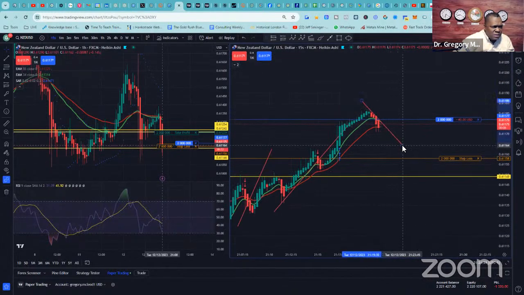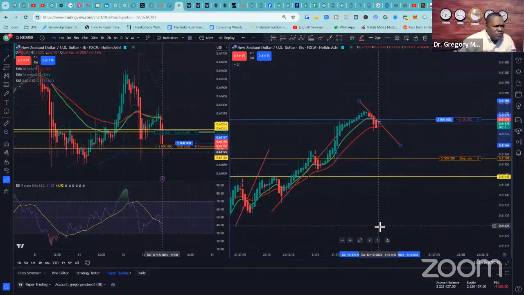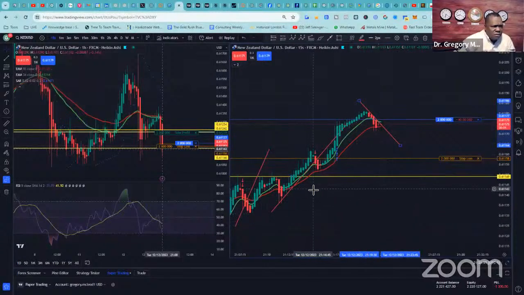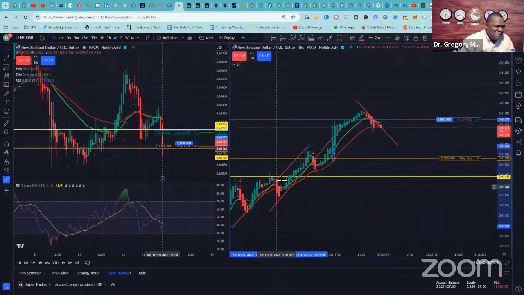All right, let's get back in the direction of our trend. You can see the trend line breaks that failed. Hey, trend line break failed. Trend line break failed.